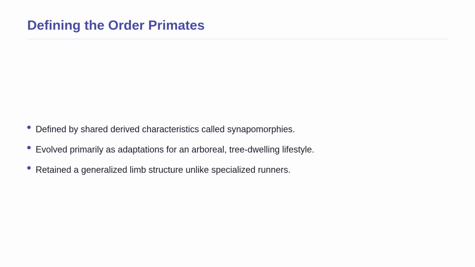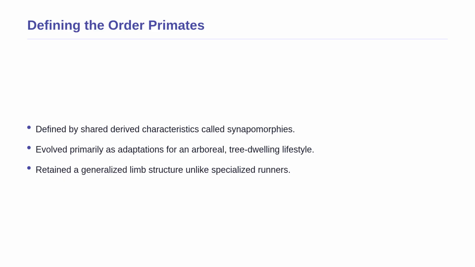Now that we have an intuitive feel for these traits, let us look at the formal biological definition. In evolutionary biology, the order primates is defined by a suite of shared derived characteristics, which we call synapomorphies. These traits primarily evolved as adaptations for an arboreal, or tree-dwelling, lifestyle.